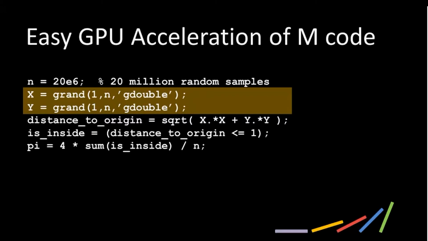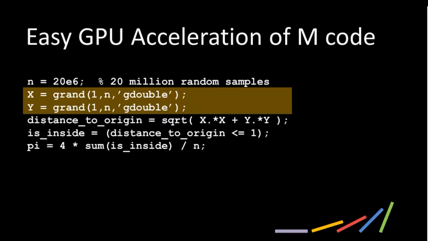Everything else is overloaded using the standard MATLAB overloading techniques as described in their documentation. And you don't have to change the rest of your code because MATLAB just processes that naturally as it normally is designed to do. As you can see in this code, the only GPU-specific lines are those lines highlighted.